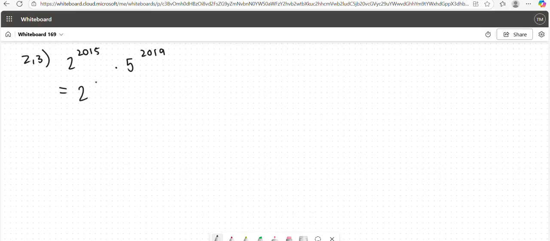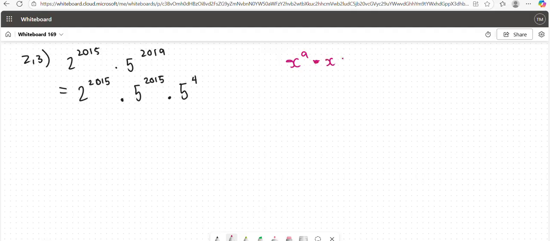So I'm going to keep the 2 to the power of 2015. But this one, I'm going to change to be a 5 to the power of 2015 times a 5 to the power of 4. And how am I doing that? Remember the rule, same bases, you add the exponents.